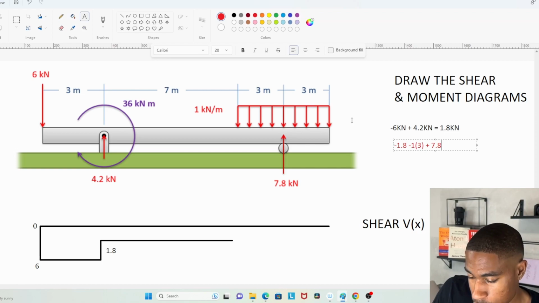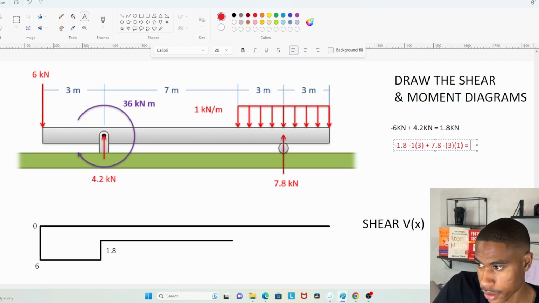And then we have another from the roller to the end, 3 meters times 1 kilonewton per meter. So another 3 times 1. All right, so what does that give us?